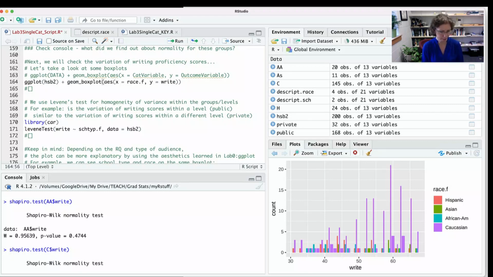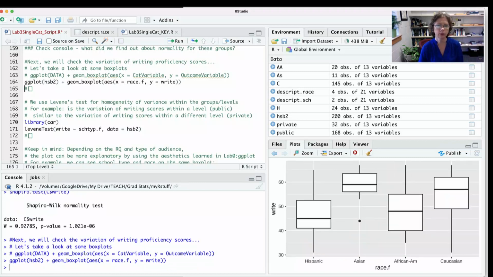There we go. So looking across our race groups, our ethnic groups here, you're looking at the spread. Is the fatness of this block significantly different? That's what Levene's test will show us as well, but this is our visual look at what's going on here.